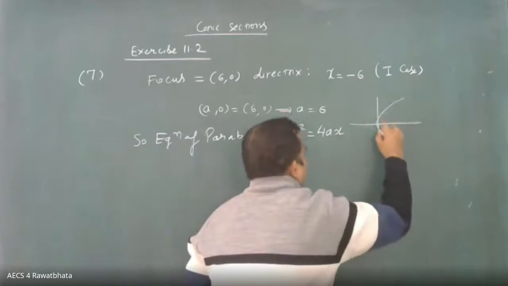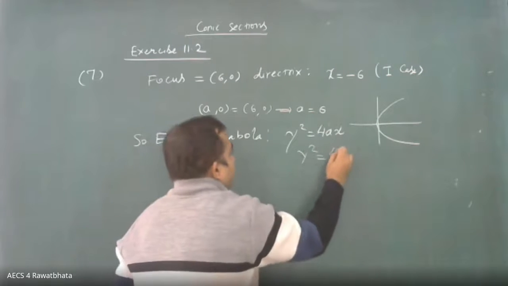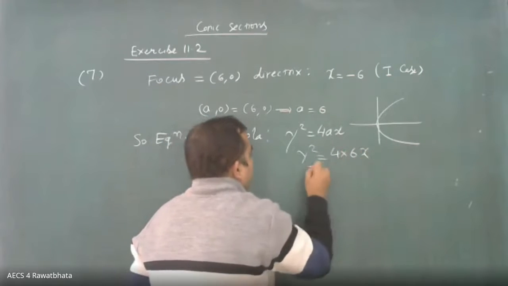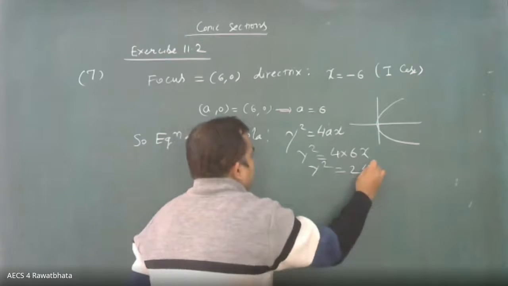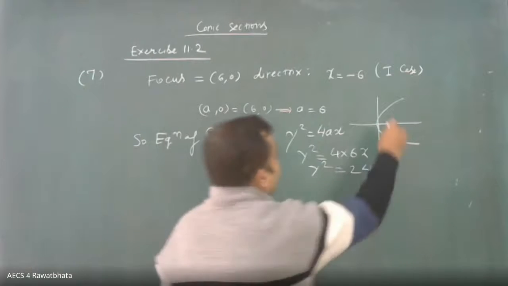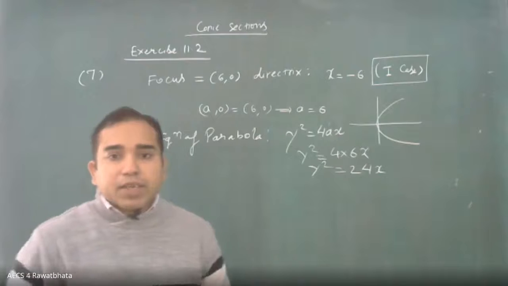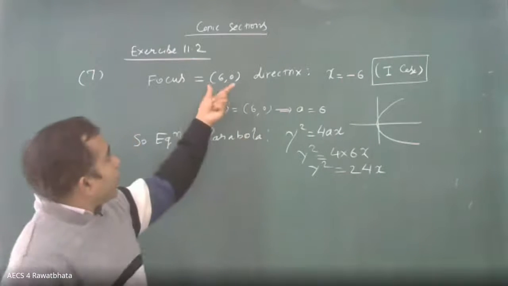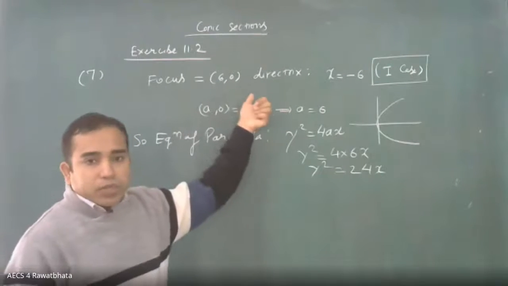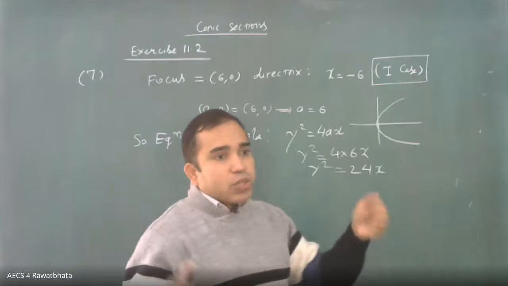I can draw also. The first case is like this. And you put the value of a, it will become y square equal to 24x. So the important thing is to decide which case it is. We can decide the case by looking at the coordinate structure. a, 0 is either first case or second case.